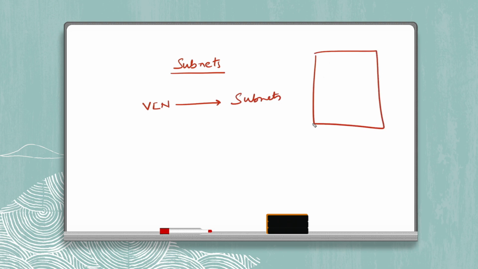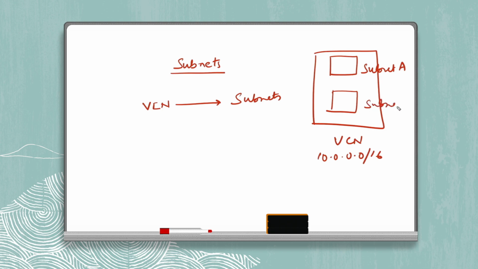So if you have this VCN 10.0.0.0/16, you can divide it into subnets. In this case, we are just creating two subnets, subnet A and subnet B. And a subnet is also represented in CIDR notation.